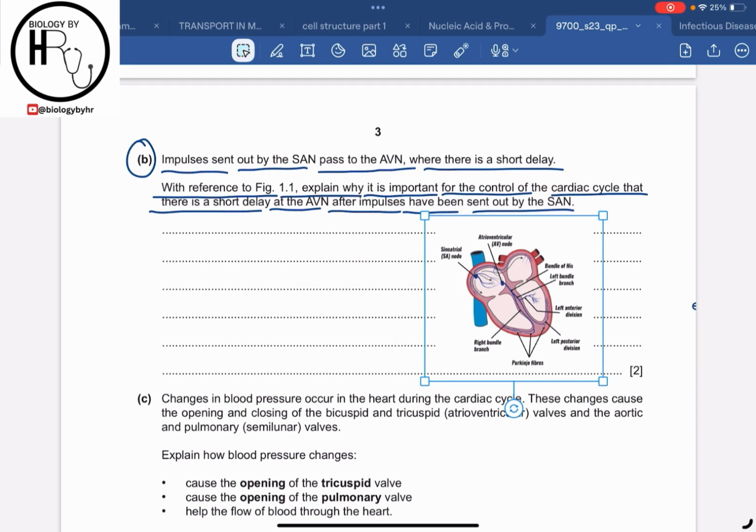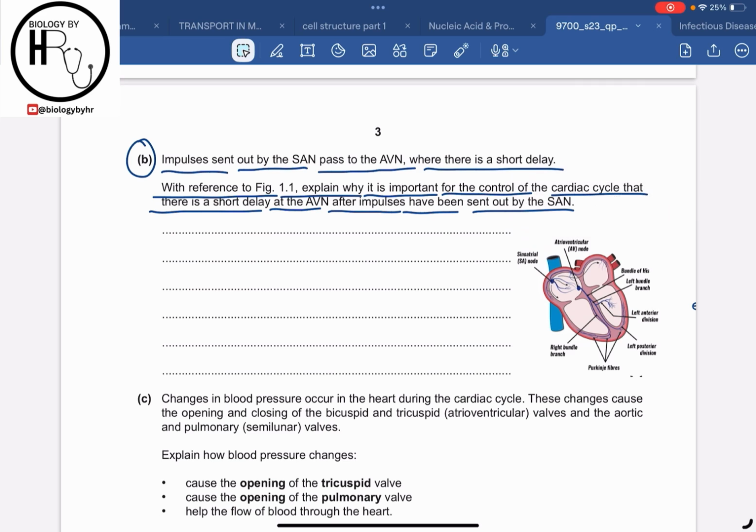So we know that the conducting system of the heart is also known as the nodal system, right? The impulse of electrical excitation is generated by the sinoatrial node and travels throughout the atria, and both the atria contract, and then the impulse goes to the AV node, right?